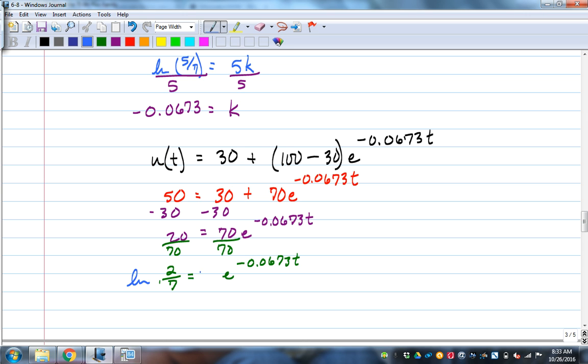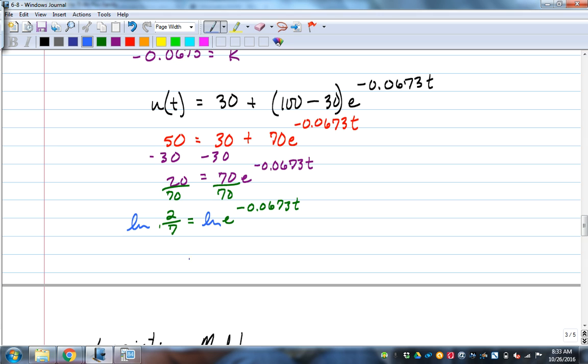Natural log of both sides. At some point, this should get boring because you're doing the same steps over and over and over. We were doing financial problems, we were doing the same thing as we're doing with the exponential growth and decay stuff, Newton's law of cooling, same stuff over and over.